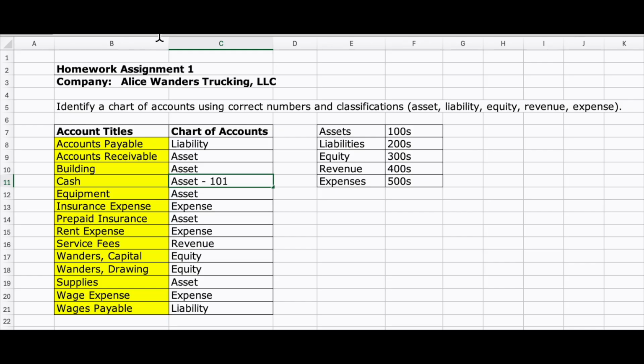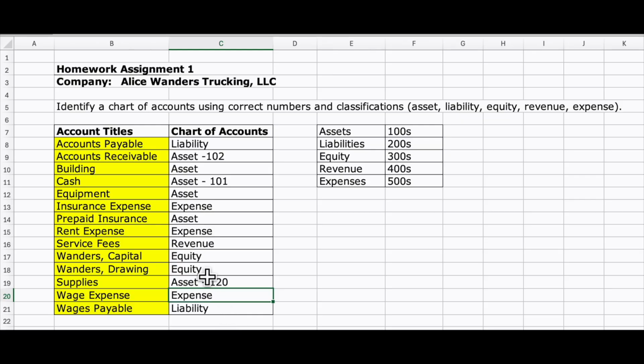Cash is usually a 101 and accounts receivable is usually 102. And then after we've taken care of those, supplies would probably be the next liquid on this list, the next category. So we're going to name this one 120. We'll start at 120 for supplies.